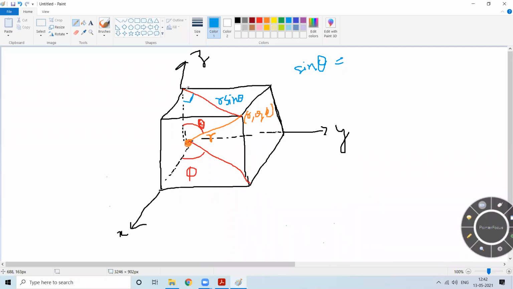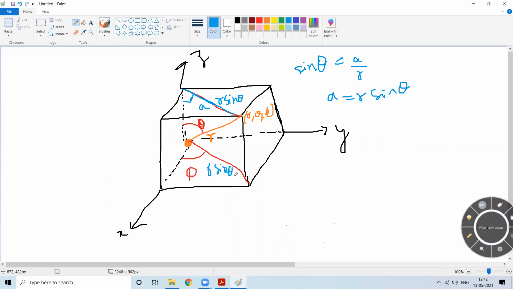If I assume that this is A, it will be A by R. Therefore, the length of this one is A, given by A is equal to r sine theta. Similarly, this is also r sine theta, and even the value of this one is also r sine theta.